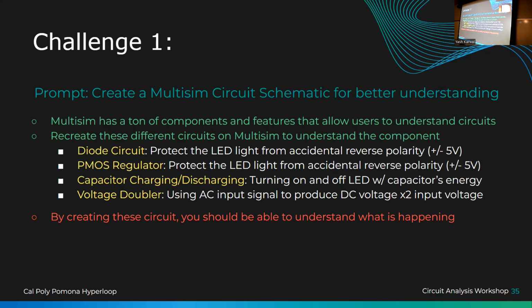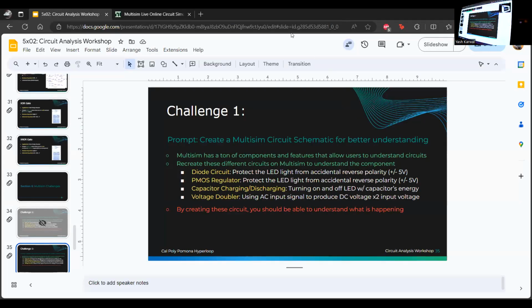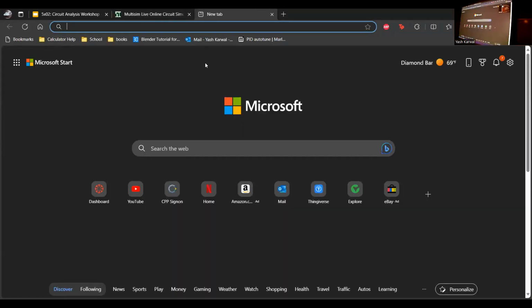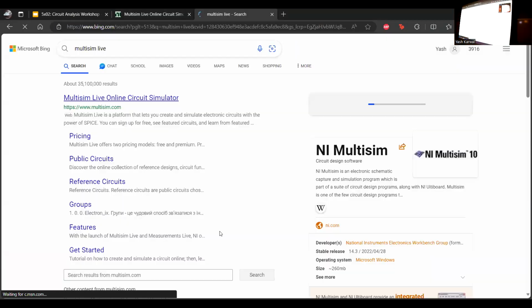Okay. So I know you guys might not have Multisim, right? So you can either watch me or you can get it on the web browser. If you look up Multisim Live, right? Multisim Live.